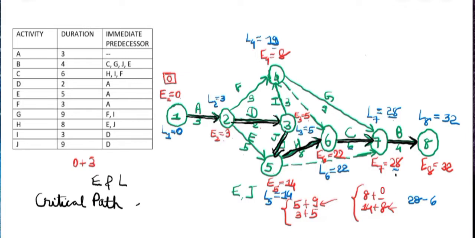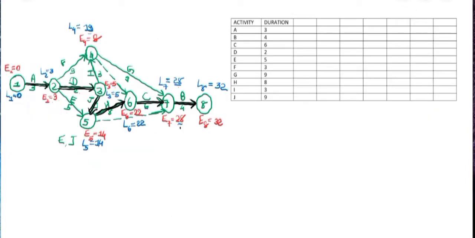That is 1, 2, 3, 5, 6, 7, 8. This is our critical path. And here the completion period of the project will be 32 days. That is the value which we have obtained at the last node.